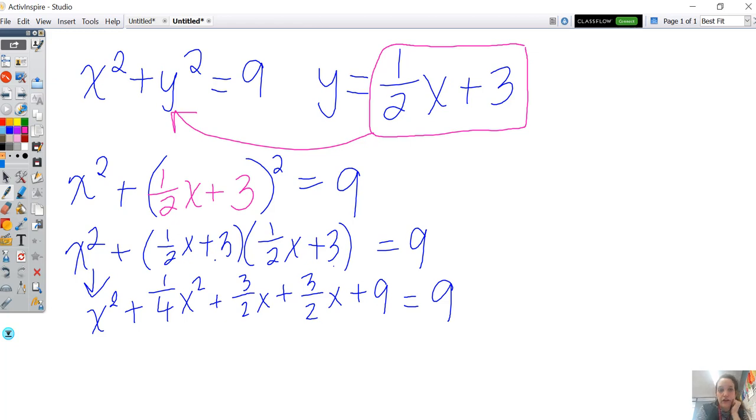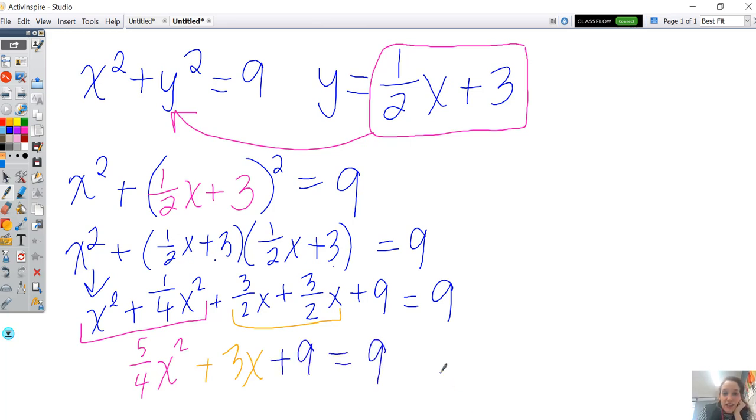Okay, next, after I FOIL and expand everything out, I want to combine my terms. So I'm going to combine my x squared terms. 1 x squared plus 1/4 x squared is 5/4 x squared. 3/2 x plus 3/2 x is 3x. Plus 9 equals 9.